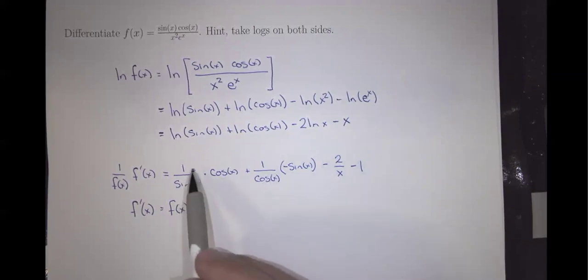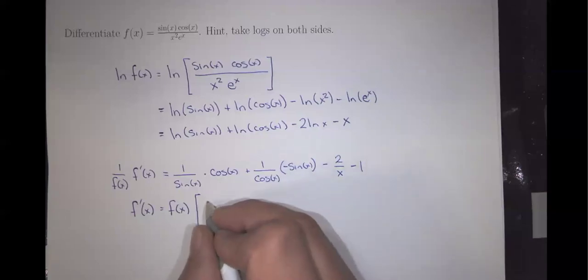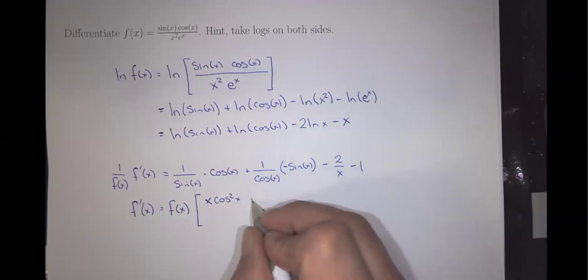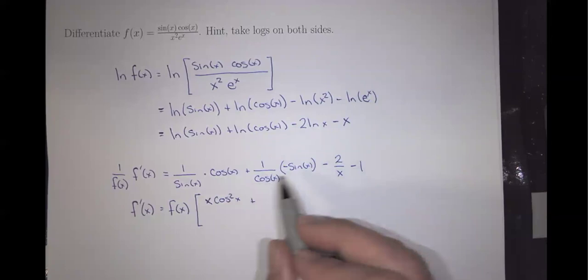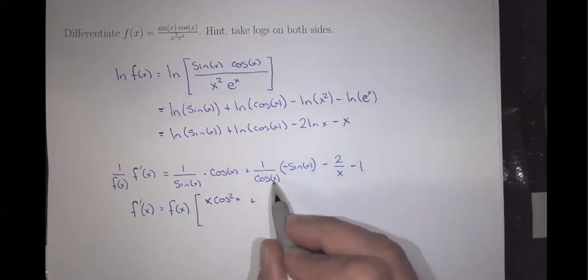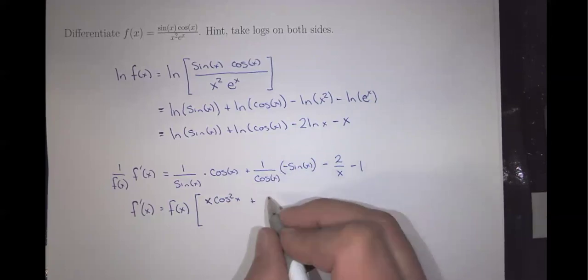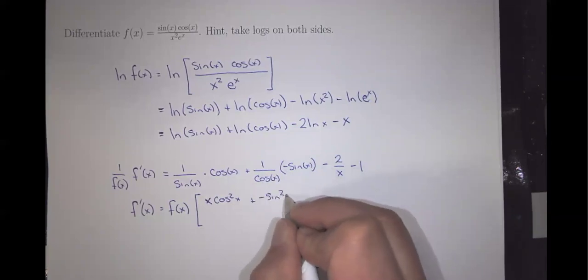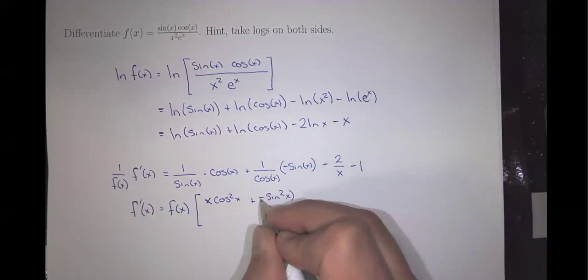So I need to multiply top and bottom here by x times cosine x. So I end up with x cosine squared x. Here I have to multiply top and bottom by sine x and by x. So I get negative sine squared x times x.